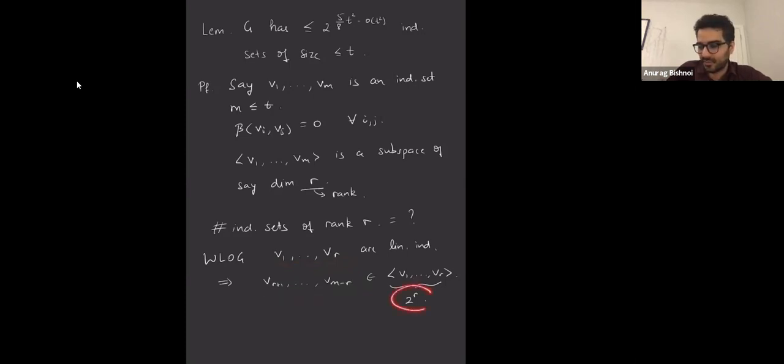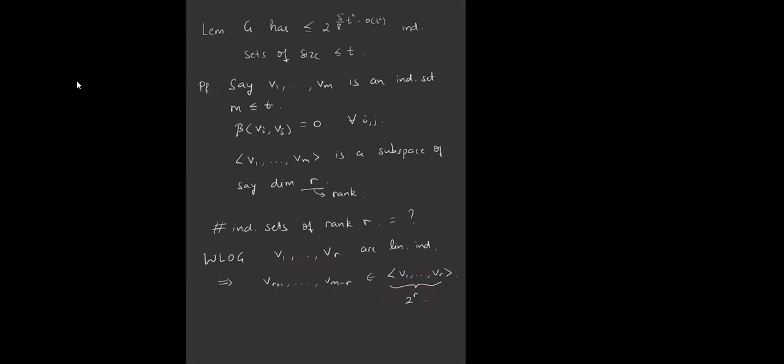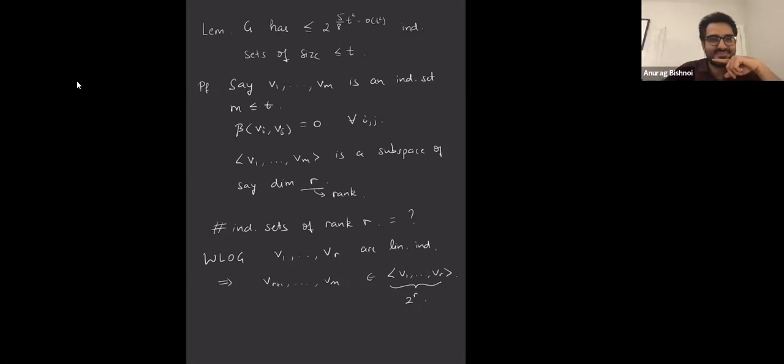Where I claim that they all belong to an R-dimensional subspace. For the last one, should it be VM, sorry, my bad. Yeah, thanks, Sam. 2 to the R choose M minus R. Yeah, sure. You just pick any M minus R vectors there.